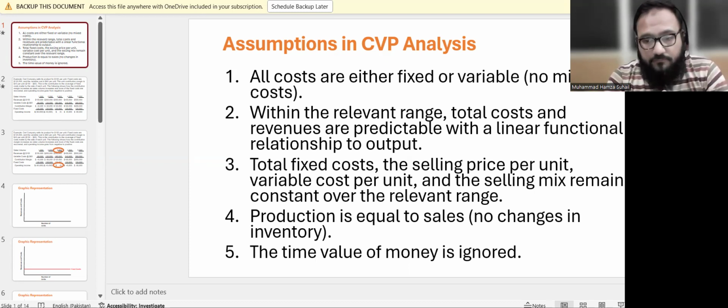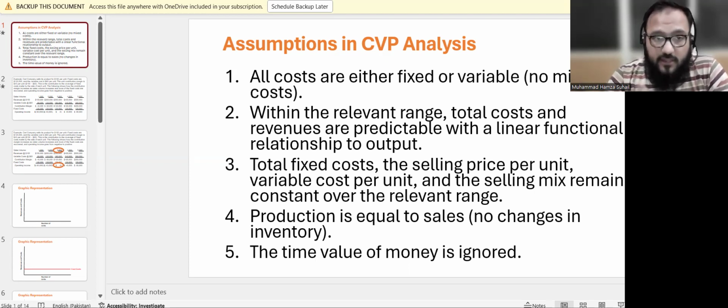For example, we are a manufacturing company and we have made a catalog of all our products. All our selling prices are mentioned on that catalog, and we have spread the catalog to our customers or maybe uploaded it to our website. So now we are not in a position to change that price. However, we can offer discounts, but we are not taking those into consideration while studying the CVP.